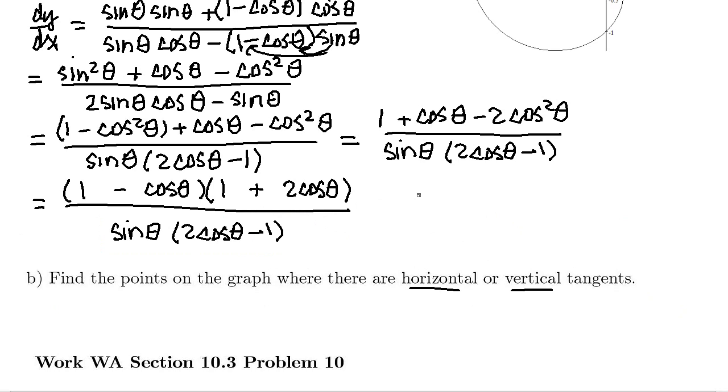Okay, so now we can go ahead and plug in and get our slope of the tangent at pi over 6. So we're plugging in pi over 6 here, so it's going to be 1 minus cosine pi over 6, and then 1 plus 2 cosine pi over 6.